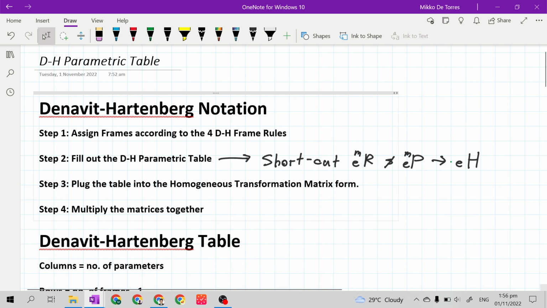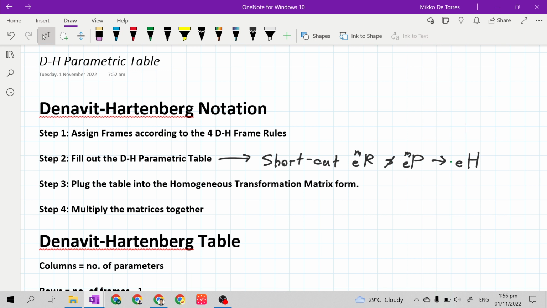So this is the main feature of the Denavit-Hartenberg notation: to obtain the homogeneous transformation matrix quickly.